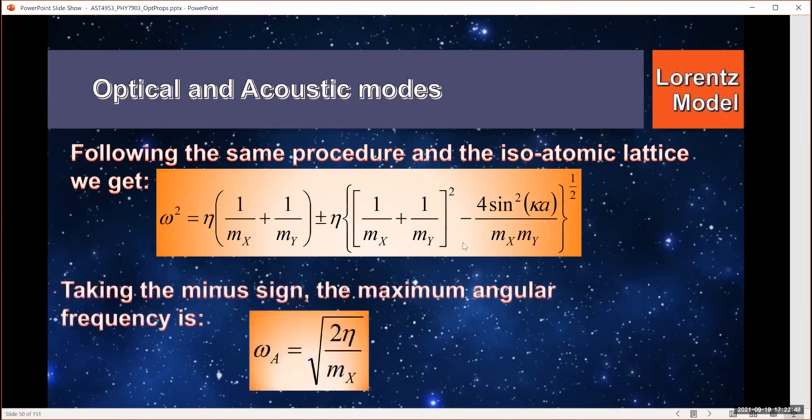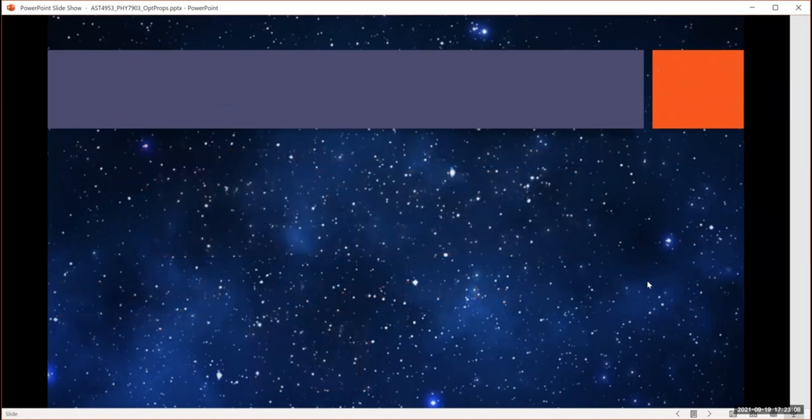Now, if we take this where we have the minus sign in here, then we get a maximum angular frequency. So this is, again, that same maximum frequency. This is that acoustic mode. That same thing that we looked at before, you cannot get a frequency higher than this for the acoustic mode.